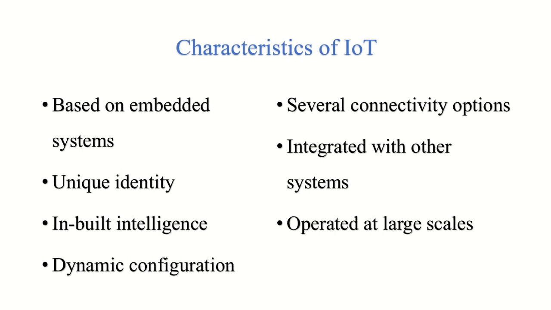That brings us to our second point, which is unique identity. This does not only mean that every device will have its unique identity, but with this unique identity you will also need to control, operate and manage these devices remotely via different connectivity options, right? And these options will be available or used based on the different type of application that your device is serving.